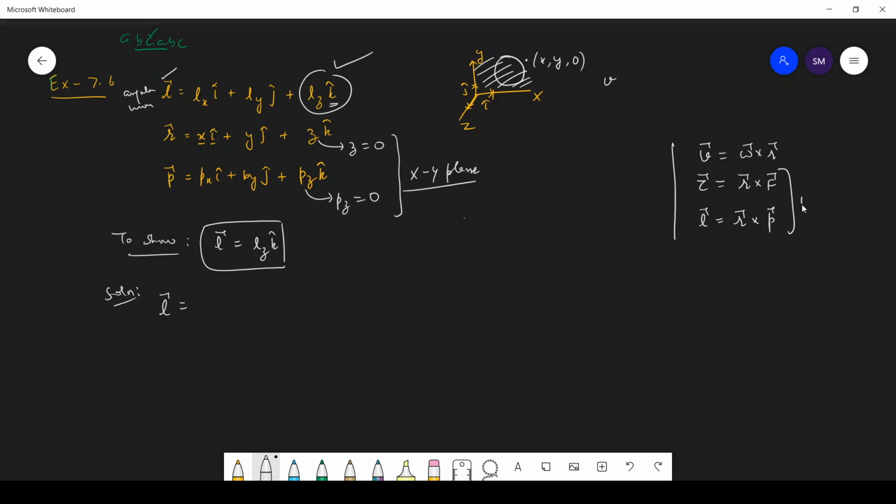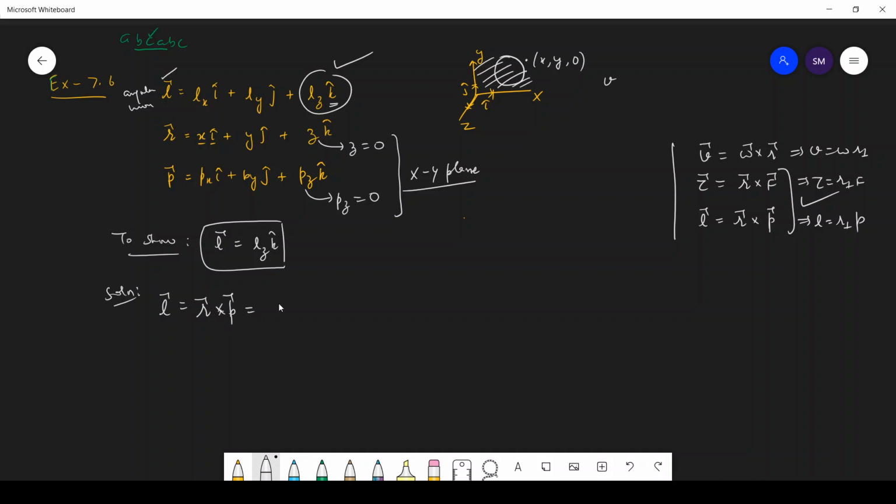Here v equals omega r perpendicular, tau equals r perpendicular into F, and L equals r perpendicular into p. In terms of magnitude, you can write it like this. So L equals r cross p.